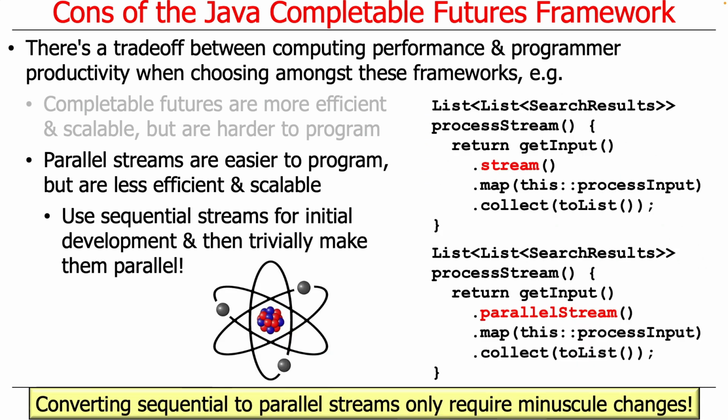My suggestion is, if you're actually doing this for real and not just doing it because it's a class assignment, you would probably want to use sequential streams to get things to work. And then once you've got the logic correct, you could switch from a sequential stream to a parallel stream, usually with very minor changes in the code, minuscule changes. That's a good thing. So now you've got, hopefully, a performance boost with really no extra effort.